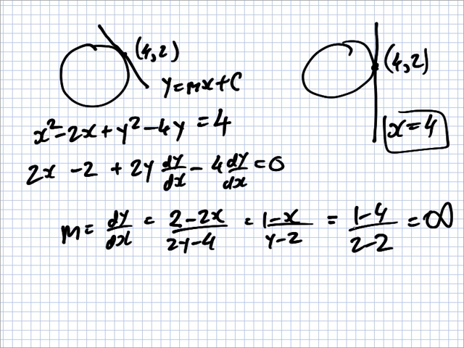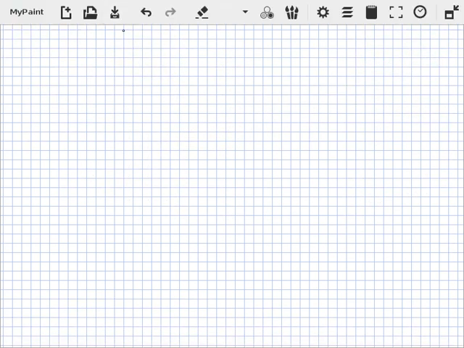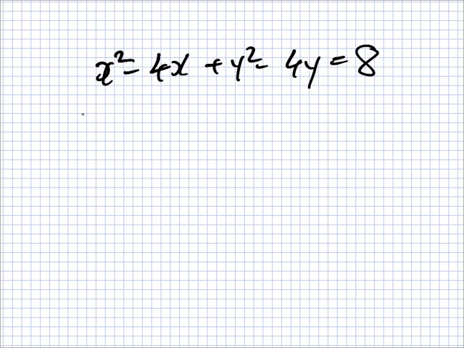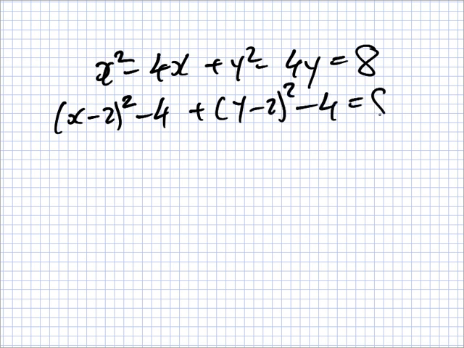Let's have a look. Can I scroll down? So 6. We have this circle. Let's find the centre and the radius. So that will be x minus 2 squared minus 4 plus y minus 2 squared minus 4 equals 8.